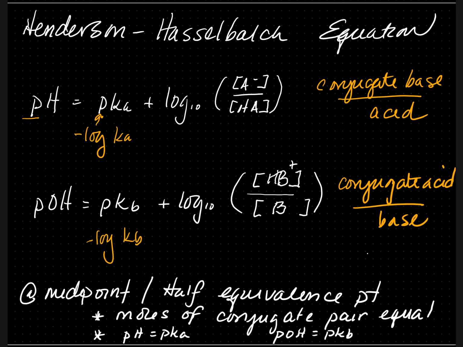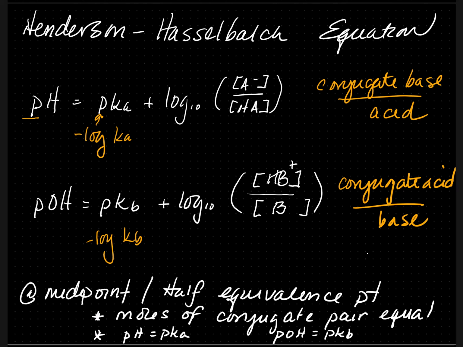At the midpoint, or half equivalence point, the number of moles of the conjugate pair are equal. So the log of 1 is equal to 0. So the equation becomes pH equals pKa, or the negative log of Ka, or pOH becomes pKb, or the negative log of Kb.